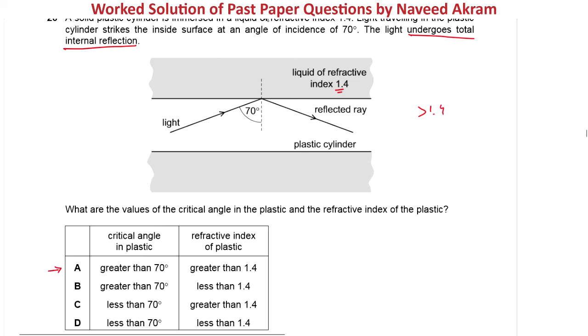Option A or option C. Now, secondly, total internal reflection occurs when angle of incidence is greater than the critical angle. Here, total internal reflection occurs at angle of 70 degree, means 70 degree is greater than the critical angle. So, critical angle in plastic should be less than 70 degree. So, option C is the right answer.